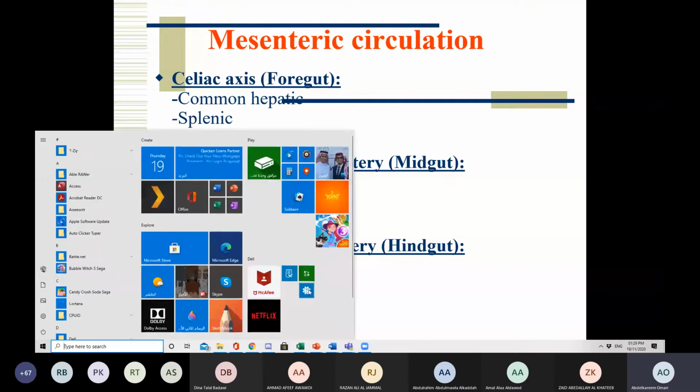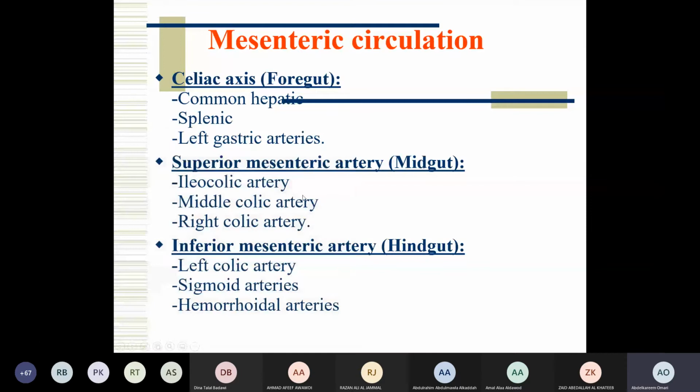So mesenteric circulation: the mesentery, all the intestine, the colon and the inside are supplied by three trunks: the celiac axis, the superior mesenteric artery and the inferior mesenteric artery. The superior mesenteric artery supplies the midgut, and the inferior mesenteric artery supplies the hindgut.